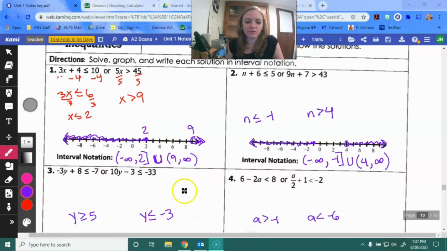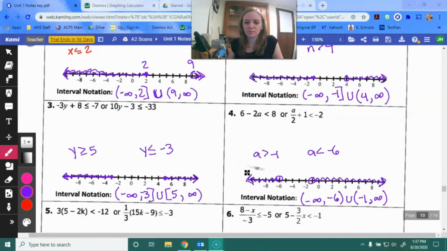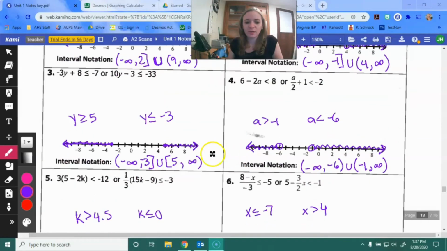Here are your solutions. Number 2. X is less than or equal to negative 1 and 4, and not equal to 4. So, bracket here, parenthesis here. Number 3, y is greater than or equal to 5, and y is less than or equal to negative 3.